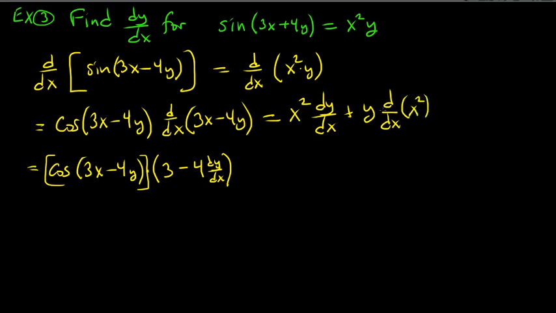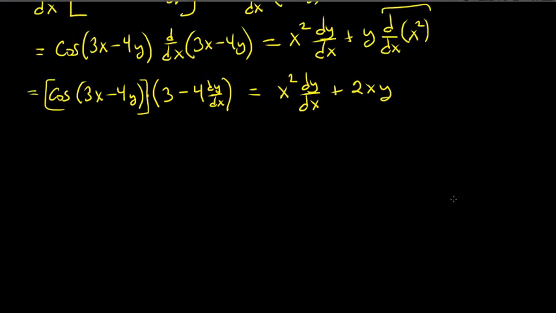I know we can do that in our heads, but let's do it on the next step. So we have x squared times the derivative of y plus y times 2x. The derivative of x squared is just 2x, so I'll write that as 2xy. So far, so good.